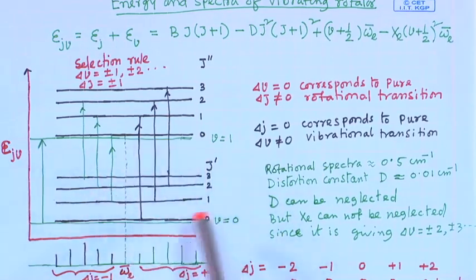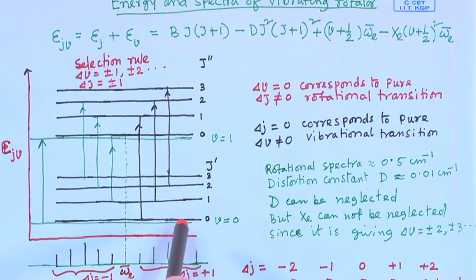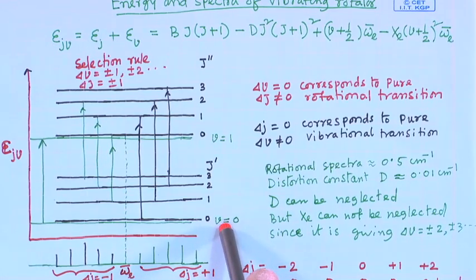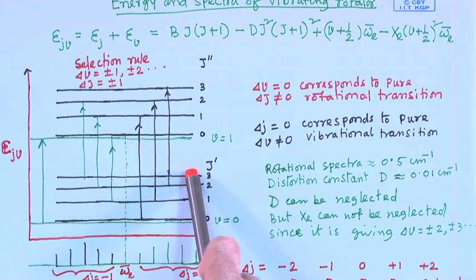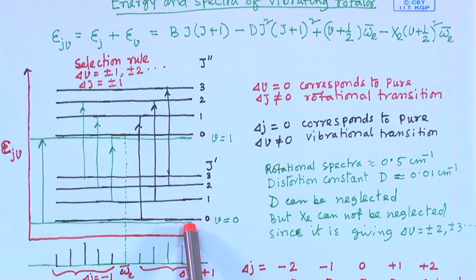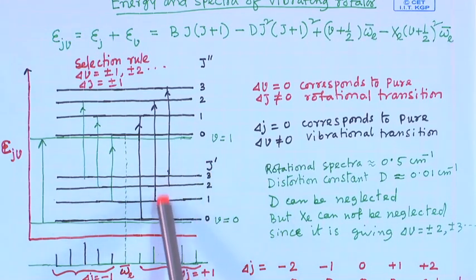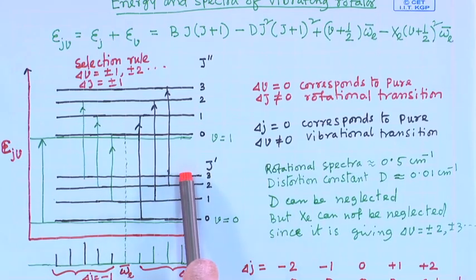So, in one vibrational energy level, there are many rotational energy levels, and these rotational energy levels are closely spaced, because their separation is in the order of 10 to the power minus 1 centimeter inverse, right. So, in one vibrational energy level, many rotational levels are associated.